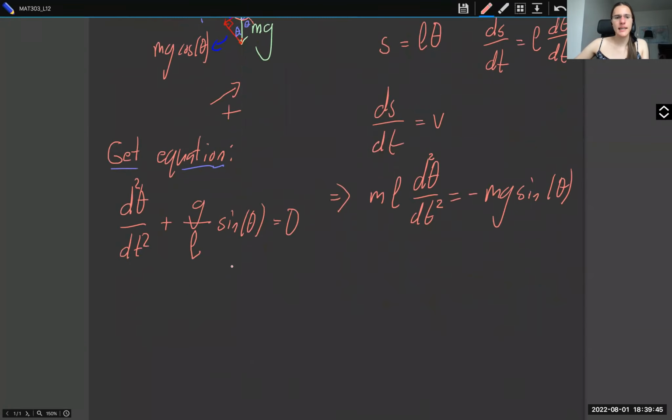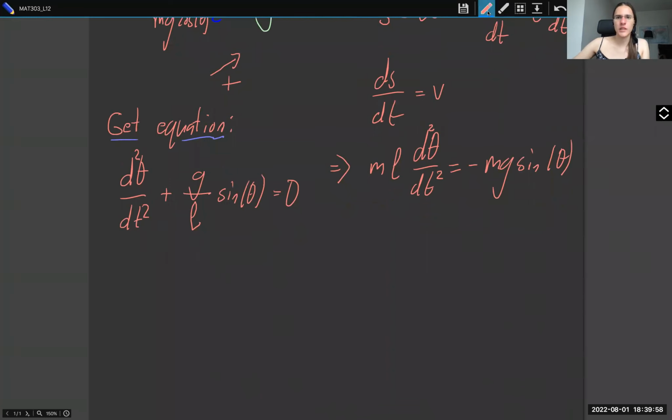Now, this is going to be a non-linear differential equation because sine of theta 1 plus theta 2 does not equal sine of theta 1 plus sine of theta 2. So this is non-linear.